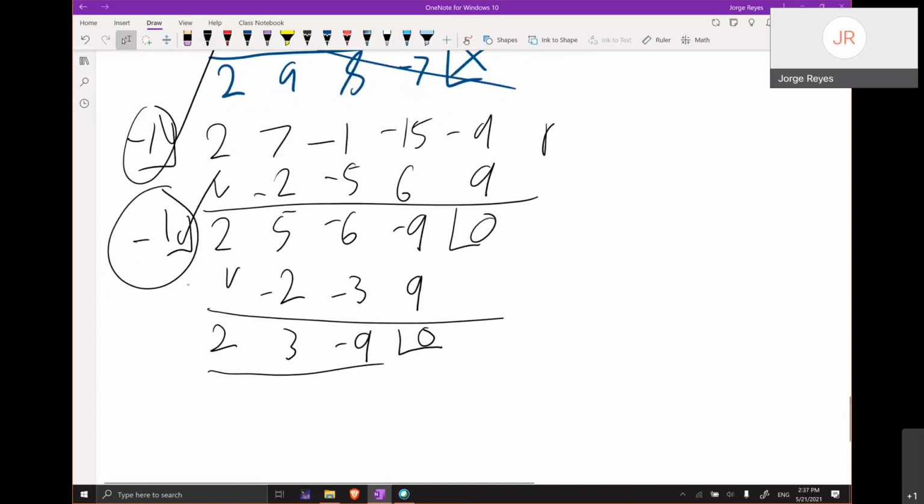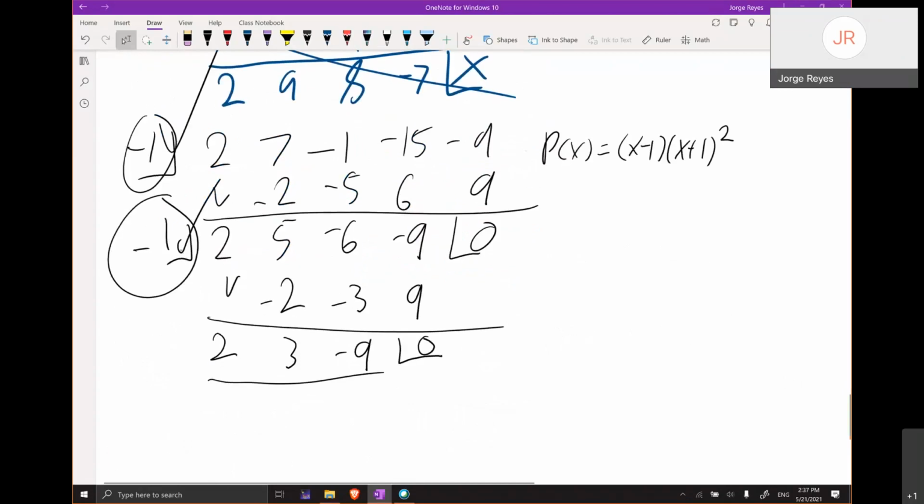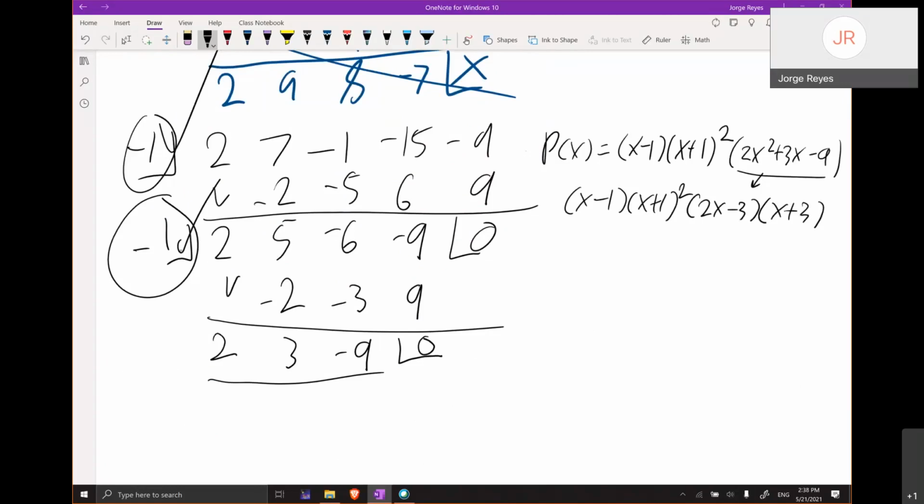So P of x is equal to x minus 1 from the first thing, and then x plus 1 squared, because I found it twice, and then whatever this leftover is, 2x squared plus 3x minus 9. It's a quadratic, so factor it: AC method, quadratic formula, complete the square, whatever you want. You're going to get 2x minus 3 times x plus 3, and there you go.